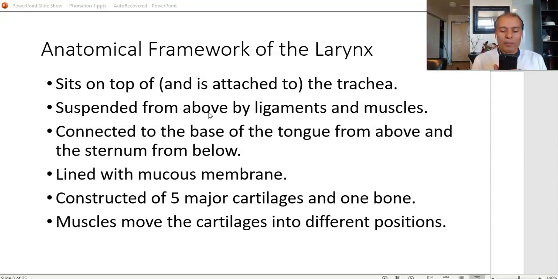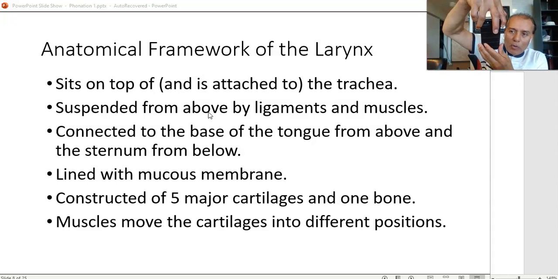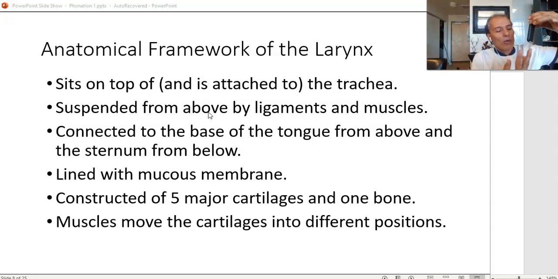But the larynx, as it is positioned in the neck, has a set of muscles, basically 4 muscles that originate above it and come down and insert onto different parts of it. So when they contract, they elevate it and tip it forward. And there is a set of muscles that originate below and rise to insert onto the larynx. When these muscles contract, they pull the larynx down.